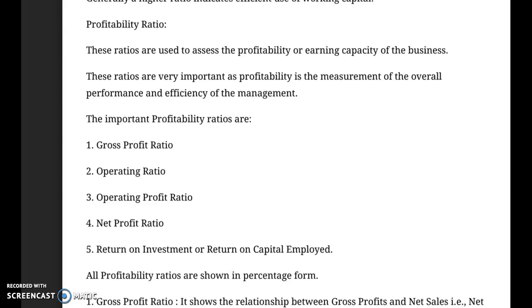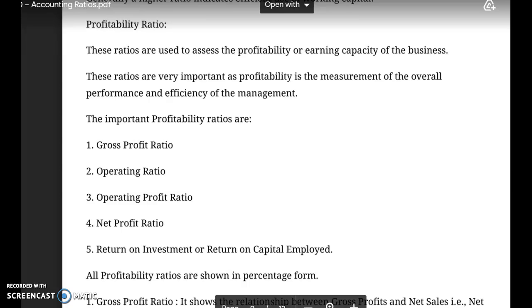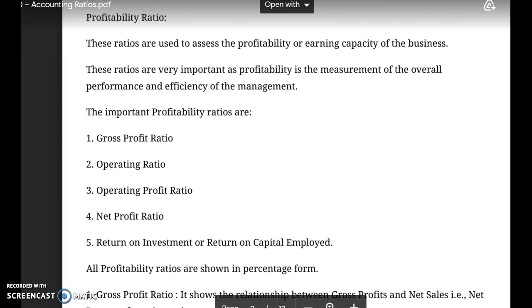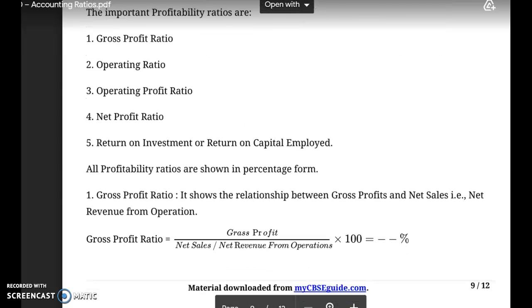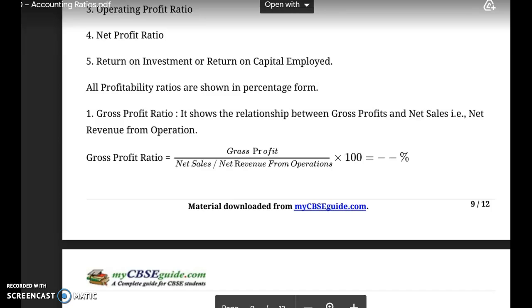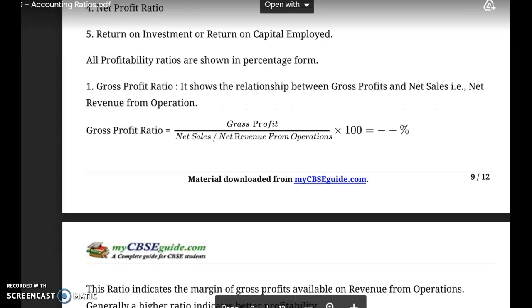So generally profitability ratios are expressed in percentage form. But again, please understand that there is no hard and fast rule that these ratios must be presented in the percentage form. These ratios may be presented in any other form which I had shared with you earlier, but generally percentage is calculated with reference to the profitability ratios.